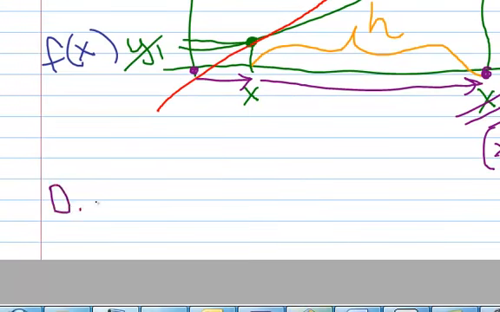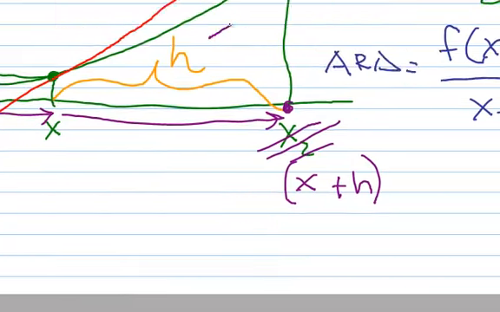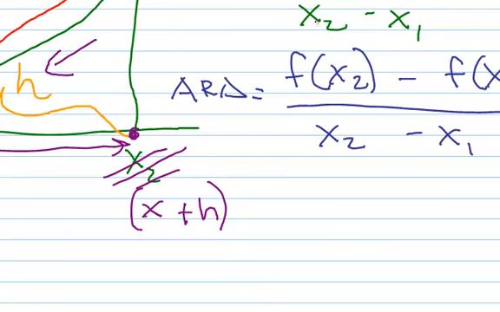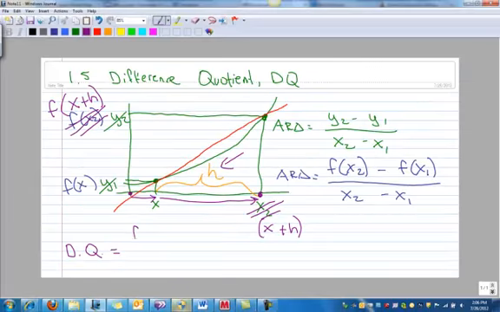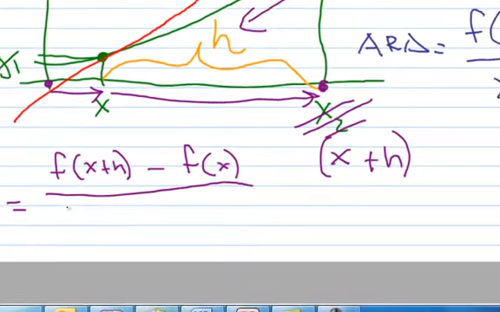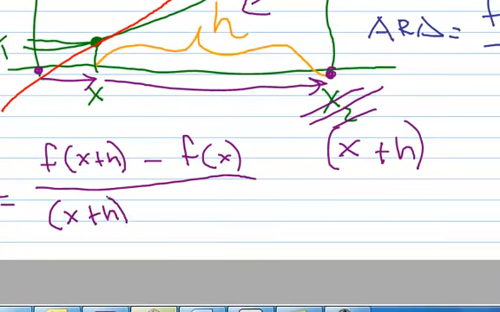So the difference quotient is kind of like the average rate of change, except we're going to be using this h. So second point minus the first point. y sub 2, except look, my y sub 2 now is f of x plus h. I'm going to subtract y sub 1. And my y sub 1 is f of x. I'm going to divide that by x sub 2, but I'm really calling my x sub 2 x plus h.